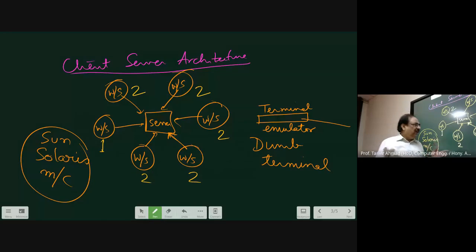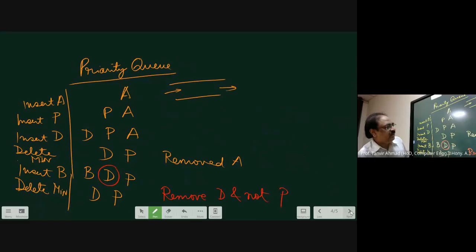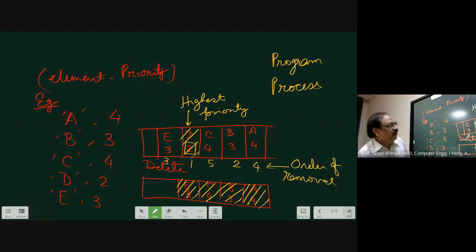But in some cases, which we will tell you in just 5 minutes, if every time higher priority programs keep coming, what will happen? Your program will never get executed, isn't it? Suppose you are assigned priority number 4. At 10 o'clock, your priority is 4.